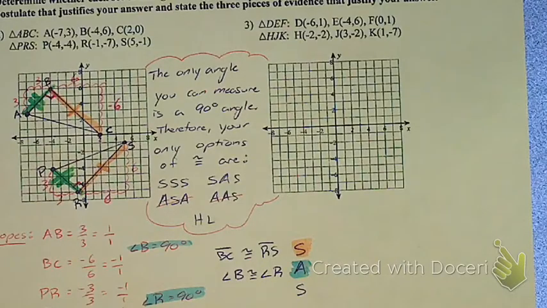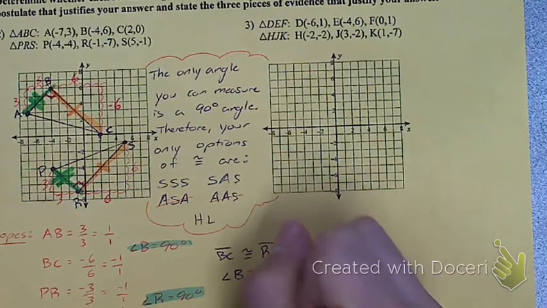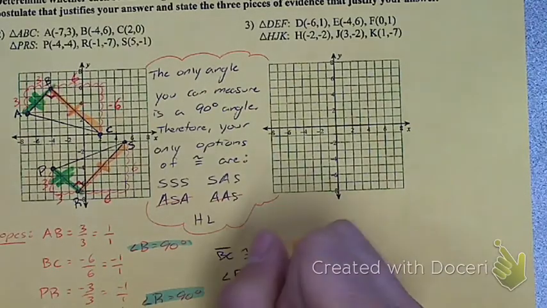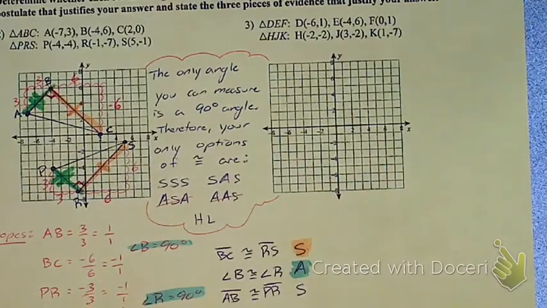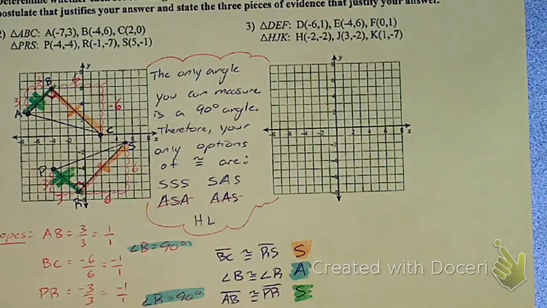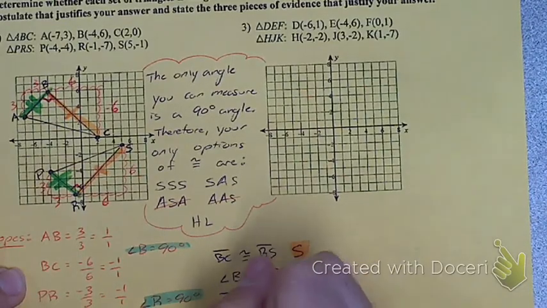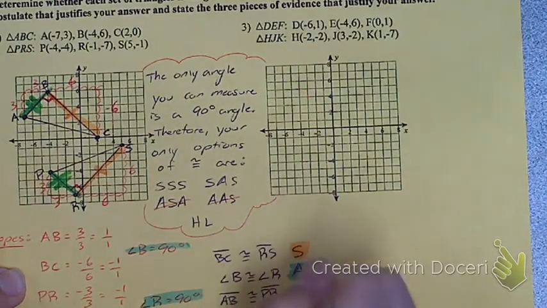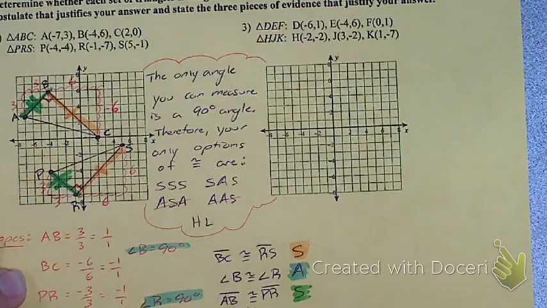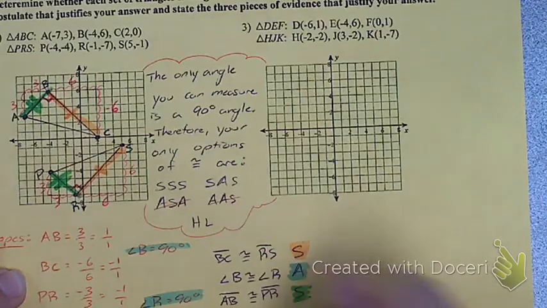And lastly, what's the last side we proved? PR is congruent to AB. And we proved that with the green one. Therefore, triangle ABC is congruent to triangle PRS by this.